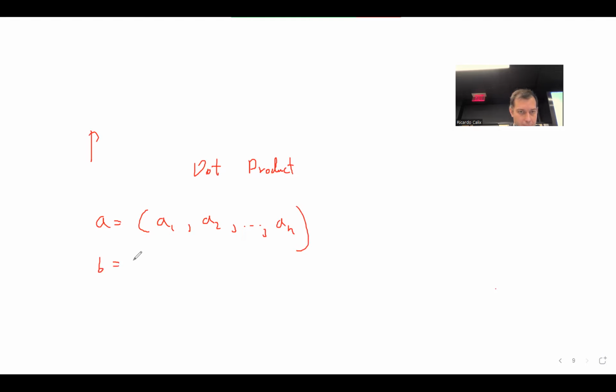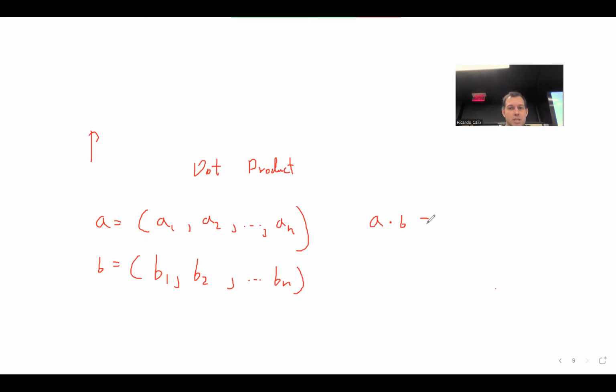And this is B, and that's going to be B1, B2, dot, dot, dot, BN. Okay, so basically the definition of the function is a dot product. It's not component-wise multiplication; there's component-wise multiplication, and then there's dot product. There are different kinds of multiplications.